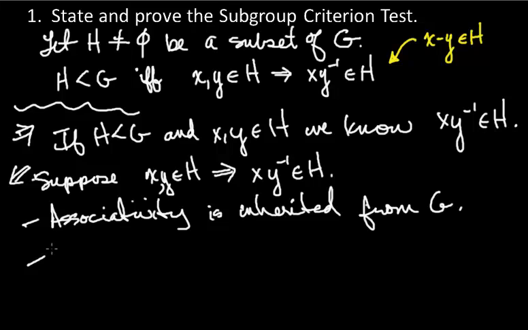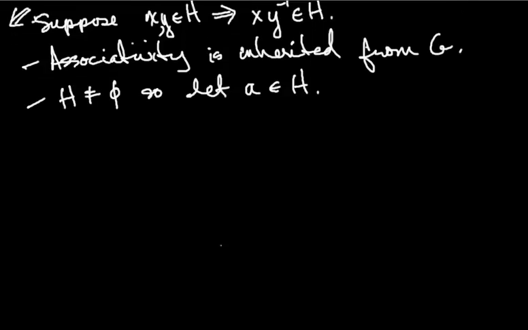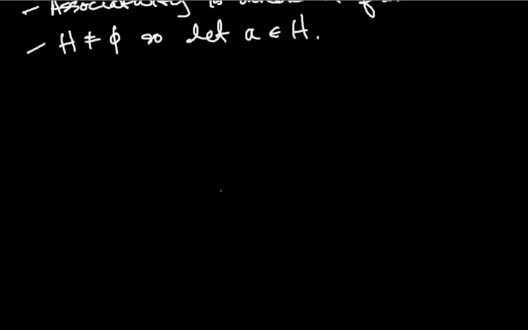All right, so now let's pick an element in there. We know that H is not empty, so let A be an element of H. Not being empty gives us permission to choose an element in there. Let me go back up here and show you what we're going to use each time.